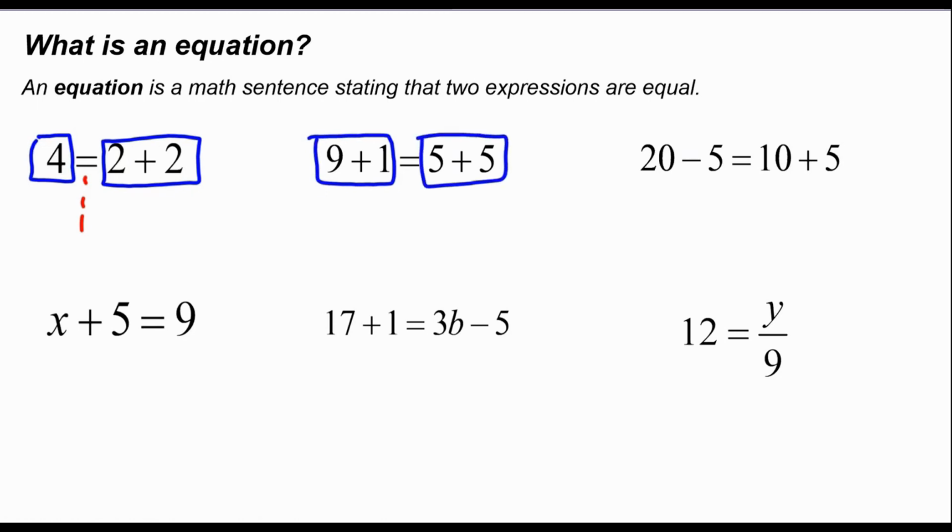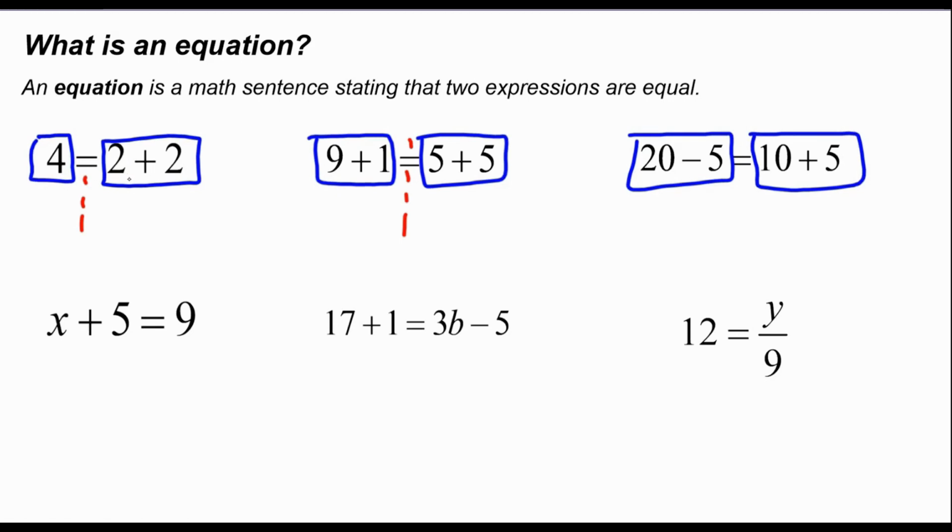And the equal sign says that the two things on either side are the same thing. So we don't really read an equation, mathematically, from left to right. We think of it as a dividing line that has something on the left and something on the right. So we can see that each one of these equations has something on both sides of it, and those two things are equivalent to each other.